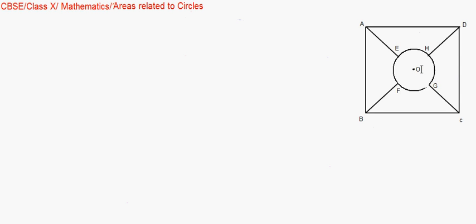Let me just write down the question. In this figure, the square ABCD is divided into 5 equal parts.